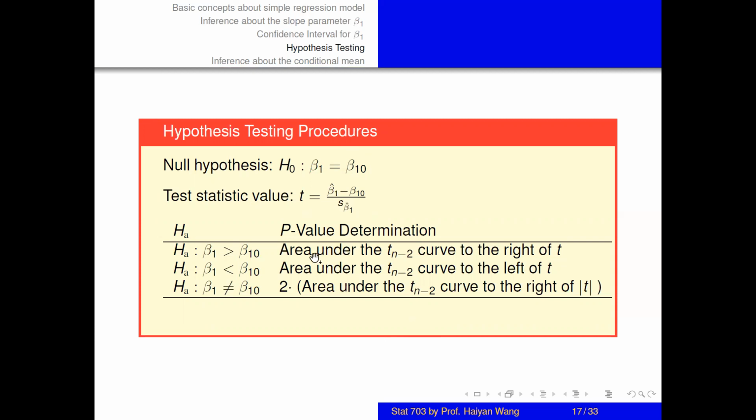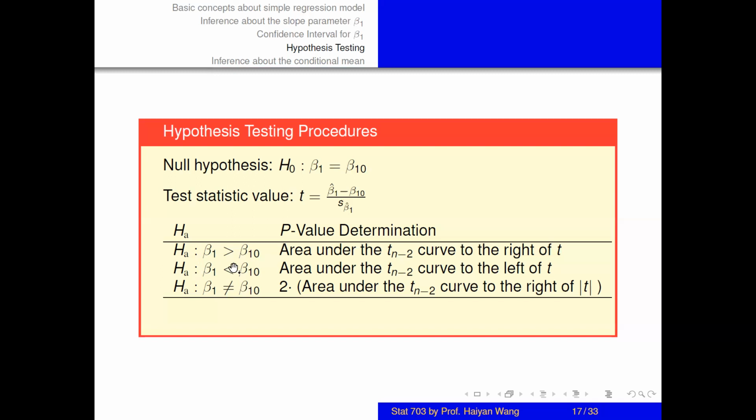For the p-value, if the research hypothesis, the alternative hypothesis, is beta 1 greater than the given value, then the p-value would be the area to the right of our calculated statistic in the t-distribution with n-2 degrees of freedom.